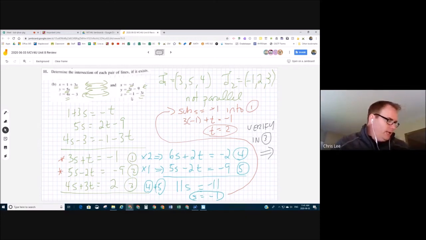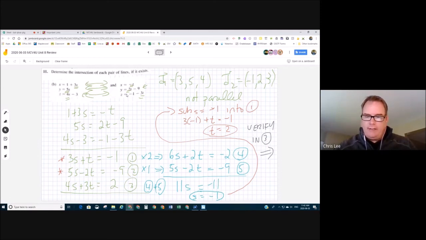I think I'm going to take the t and sub it into the second one because my notes that I'll share afterwards, I subbed s into the first, but I want proof here that it didn't matter which one you did. So I'm now going to sub t, T was 2, into L2. And that'll get me each of the coordinates.